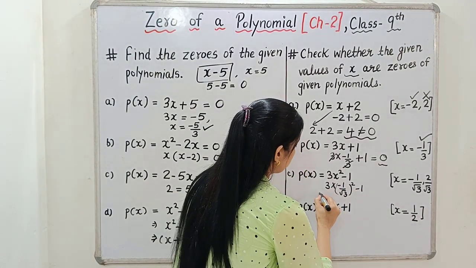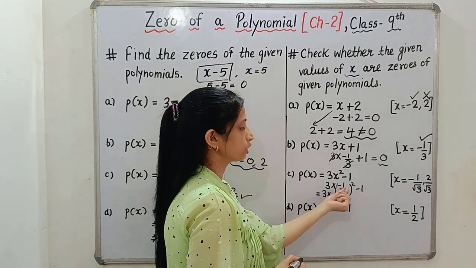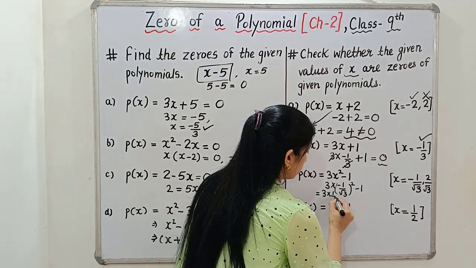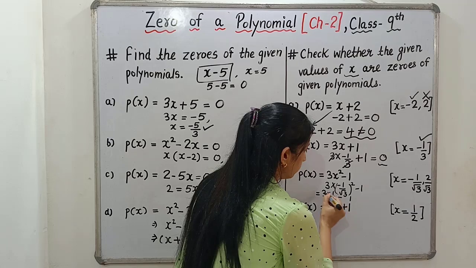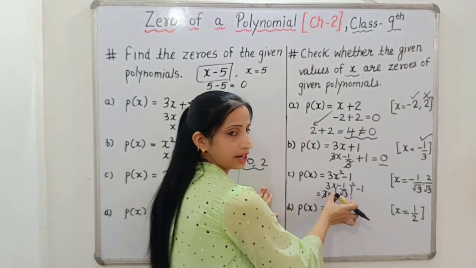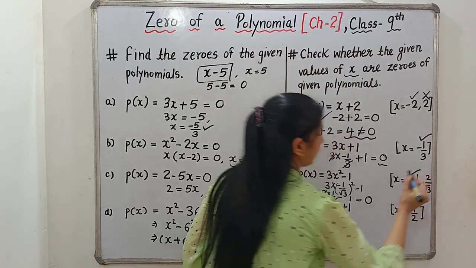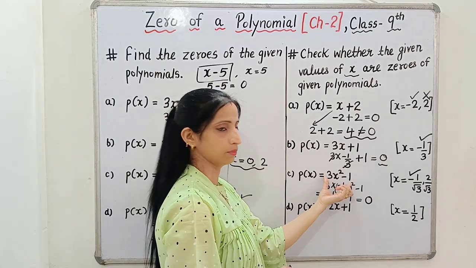So what will we get? 3 multiplied by minus 1 square will be 1, root 3 square will be 3. So 1 upon 3 and here minus 1. By this 3 we can cancel this and we are left with 1 minus 1, that is equal to 0. Hence x is equal to minus 1 upon root 3 is the 0 of this given polynomial.